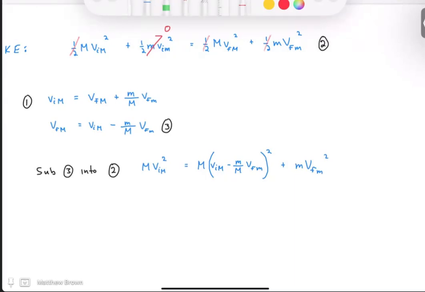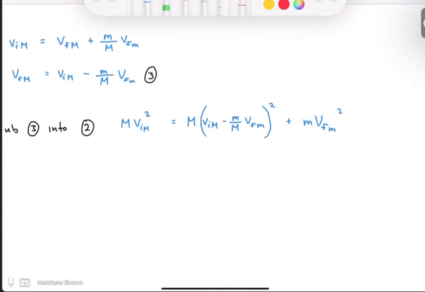So now it's just a little bit of work to isolate V final of little m. I would divide everything through here by big M, which kind of helps me out with that.